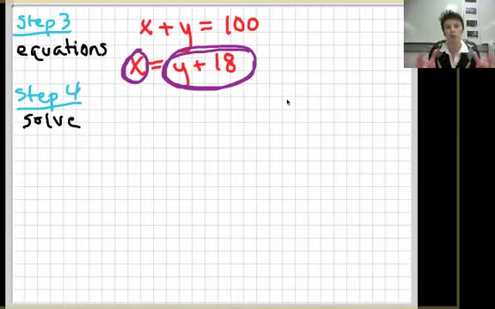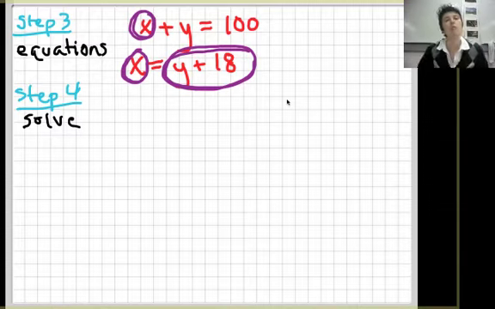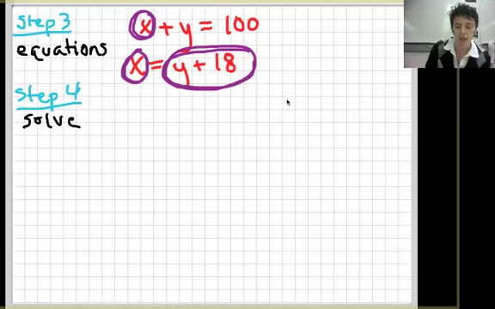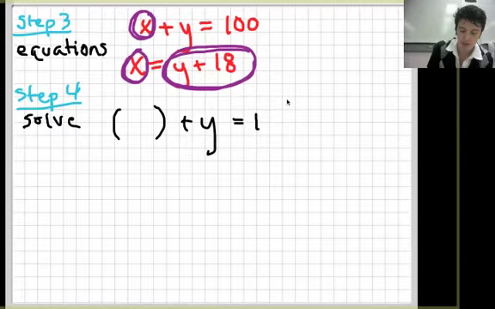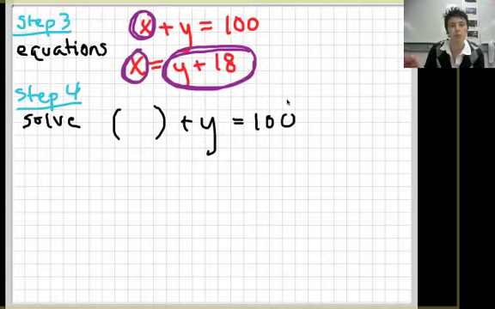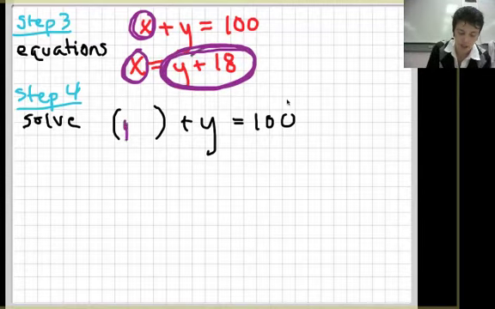They're equal to each other, which means I can take that other equation where the matching x is right here, and I can replace it. Instead of writing x plus y equals 100, I can write something plus y equals 100. And instead of putting x inside of there, I'm going to put y plus 18.